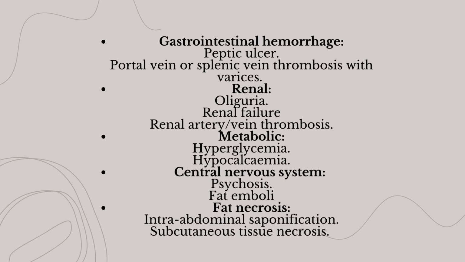Renal complications include oliguria, renal failure, renal artery or vein thrombosis. Metabolic complications include hyperglycemia and hypocalcemia. Central nervous system complications are psychosis and fat emboli. Fat necrosis causes intra-abdominal saponification and subcutaneous tissue necrosis.